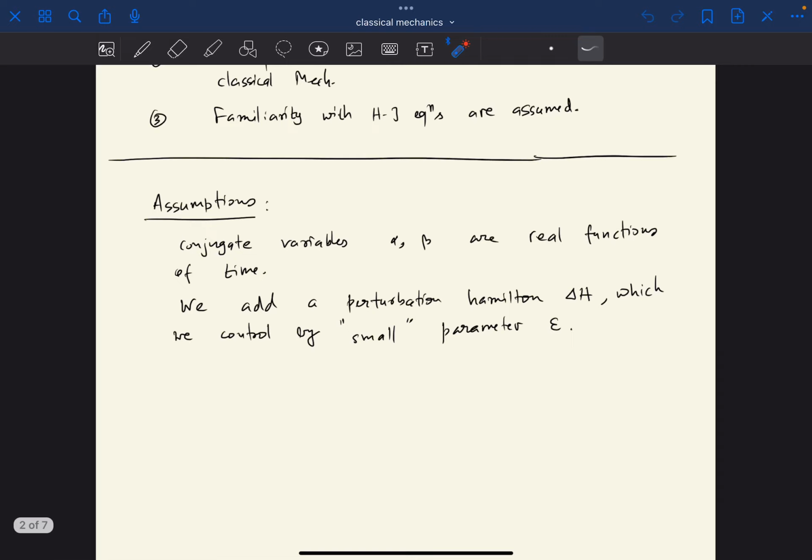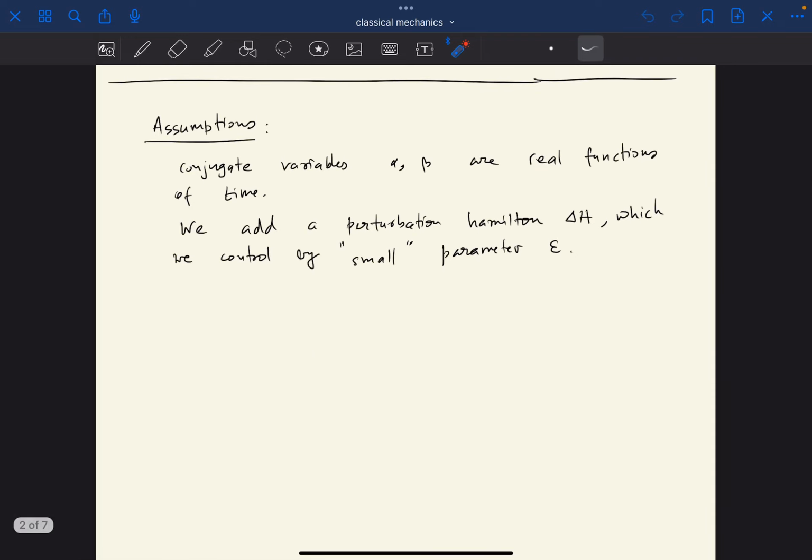So now we assume, as in Hamilton-Jacobi formulation, we take the alphas and betas, which are time independent or constants in time, as the conjugate variables, and we assume here that they are real functions of time.